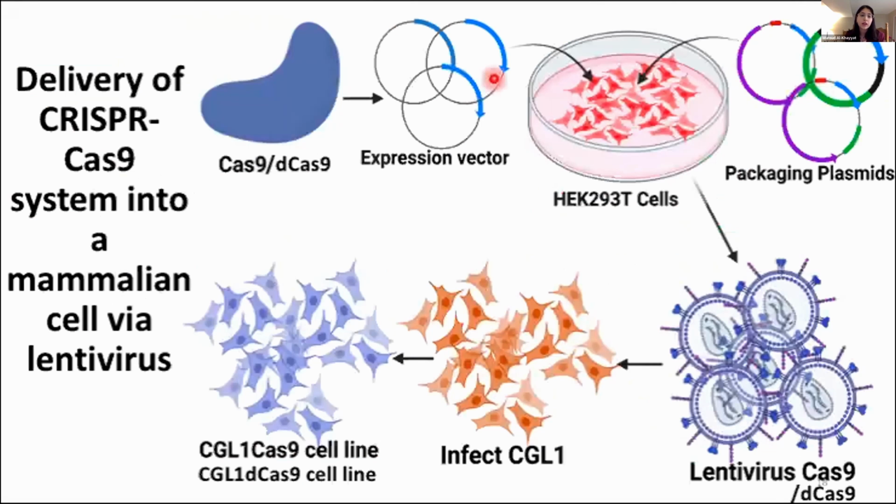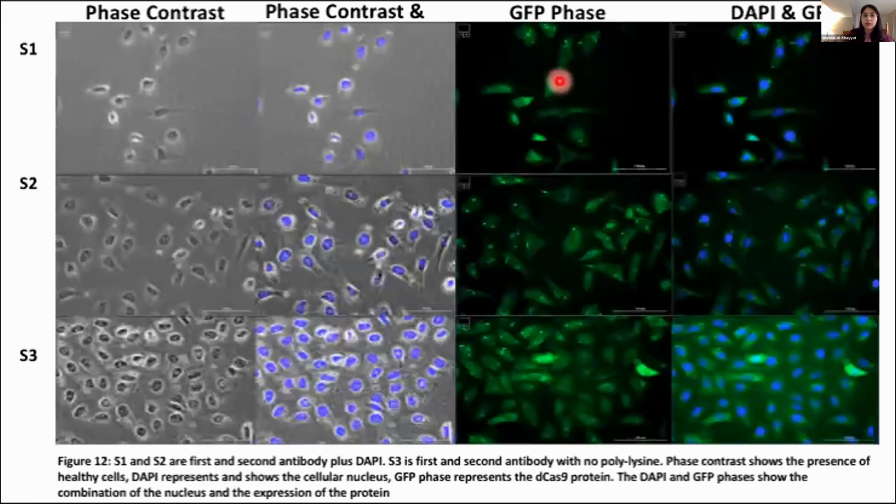As I mentioned, we are using CRISPR gene knockout and CRISPR gene activation. In our lab we created lentivirus particles that carry either Cas9 or dCas9 DNA plasmid, and we infected our CGL1 cell lines with them. We validated our cell lines using immunohistochemistry, so we're confident our cells express the Cas9 or dCas9 protein component of the CRISPR.